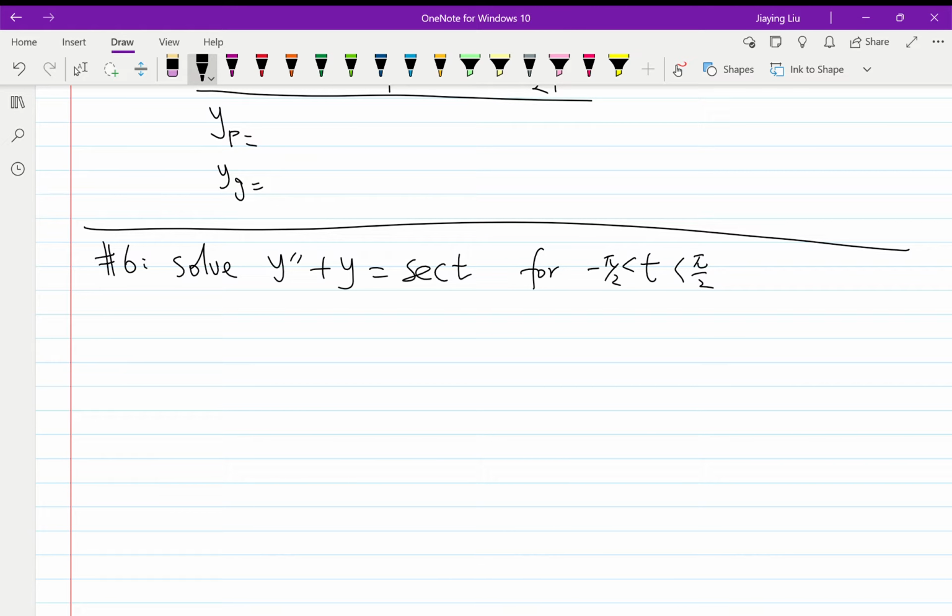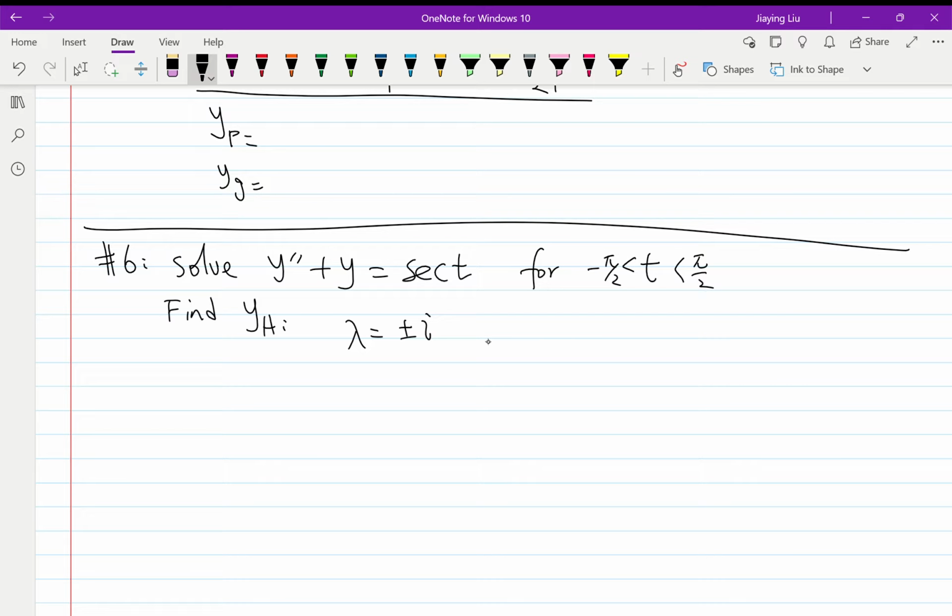So if we were to find the homogeneous solution, and I'm going to let you do some of the work, eventually you solve the characteristic equation, lambda equals plus or minus i. It's complex, so that means you have the choice to use sine and cosine.